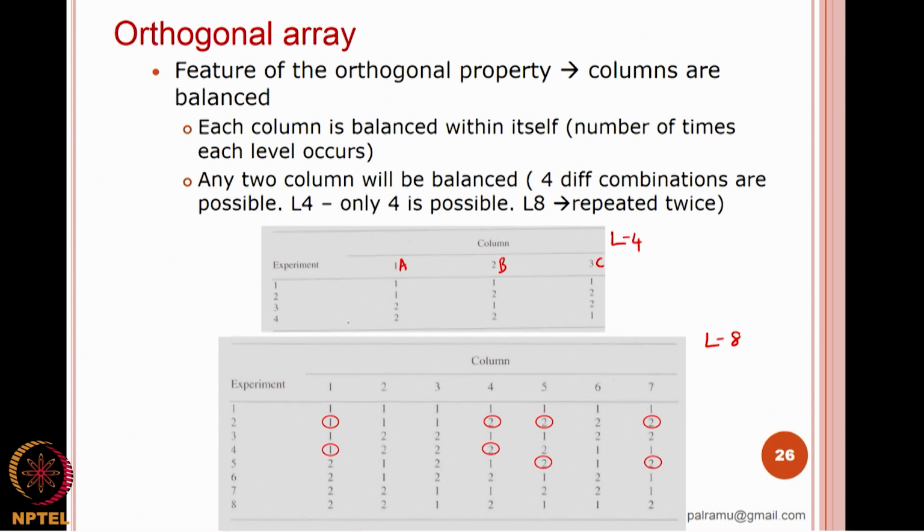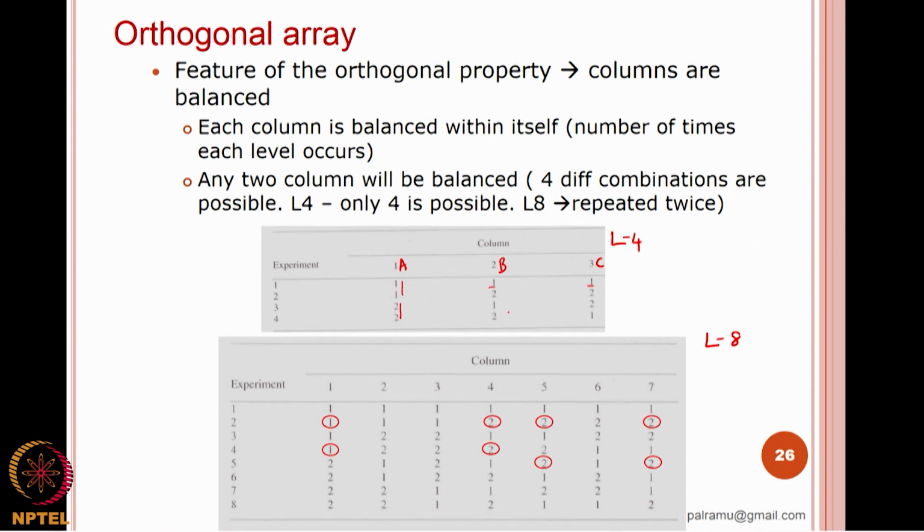If you take a column, there are 2 level 1s and 2 level 2s, so any column will be balanced. Or if you take any 2 columns, if you see 1 1 together, you cannot see another 1 1 within these 4.